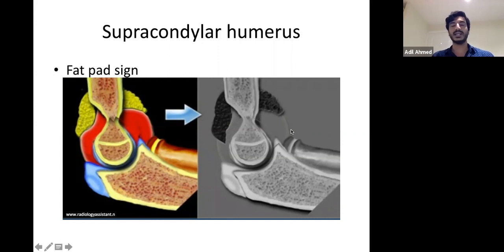But in very simple terms, the K-wires can be used for things like that. You just want some stability to hold the fracture for a short while, normally for 4 to 6 weeks in wrist fractures, sometimes even in distal fractures in children.